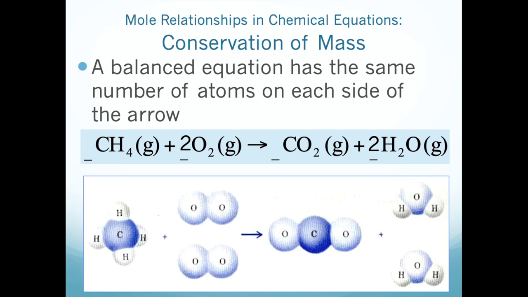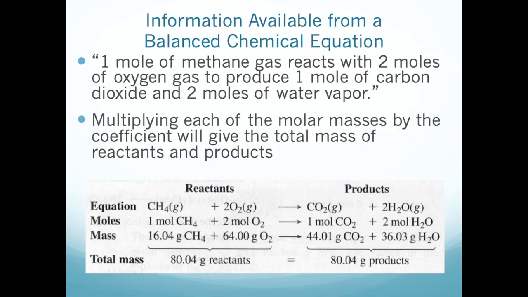And in addition, we'll see that the law of conservation of mass is held when we look at the masses of these compounds. All right, so if we were to scale this up to moles, and using our periodic table, look up the molar masses of the chemicals involved, we would see that the mass on both sides of the equation add up. Again, that makes sense because the atoms themselves add up.